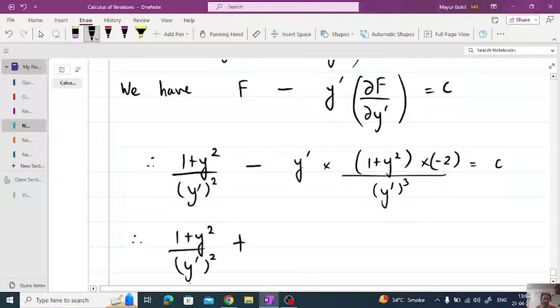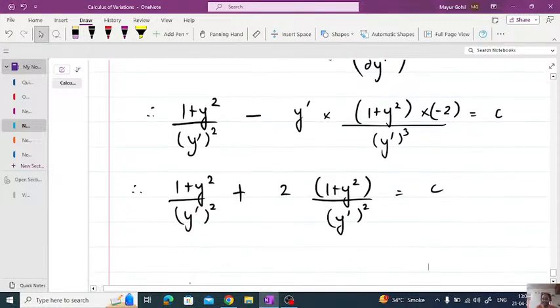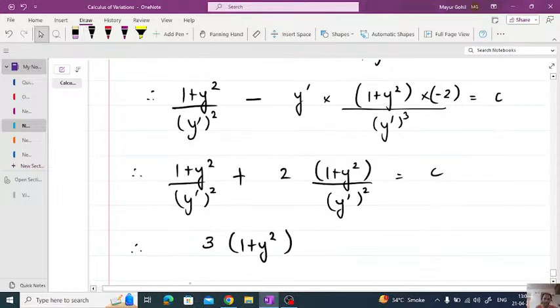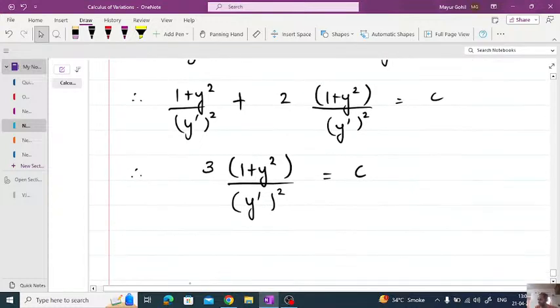So here it will become plus 2 times 1 plus y square divided by y dash square equals c. Okay. Now what do you get? The denominator is the same so I can write this as 3 times 1 plus y square divided by y dash square equals c, right? This is what can be done.